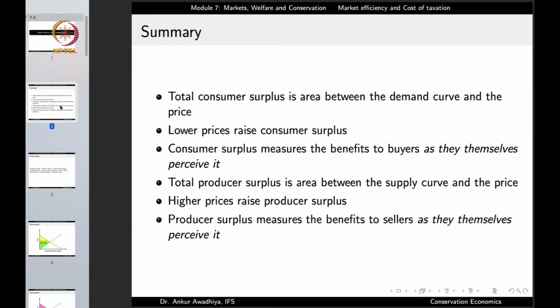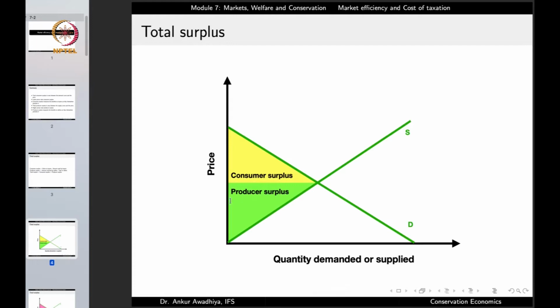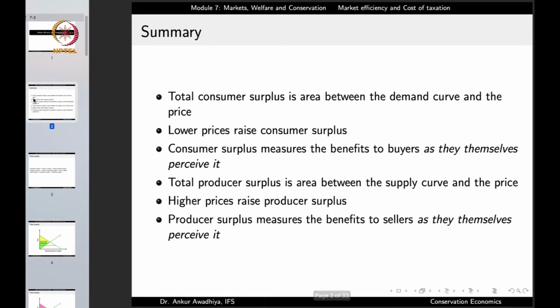Lower prices raise the consumer surplus because when the prices become less, say here, this yellow triangle will extend to this area, and so the consumer surplus would increase.